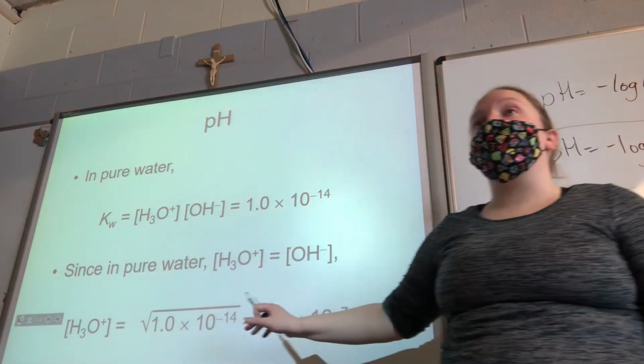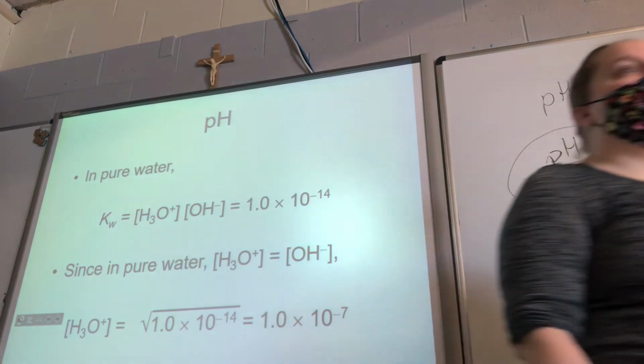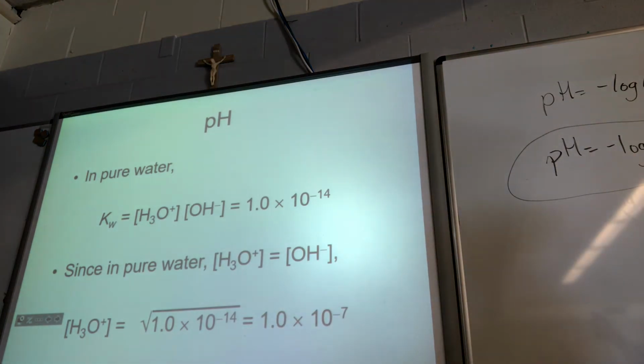The concentration of H3O plus, when they are equal, so when the acid equals the base, is going to be 1 times 10 to the negative 7th. Pure water, okay? Talk to me about pure water.